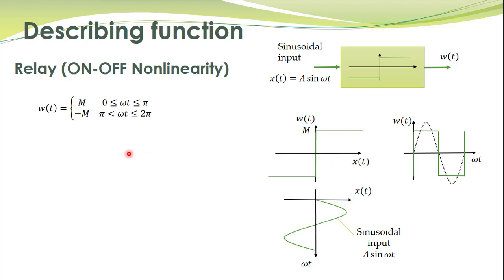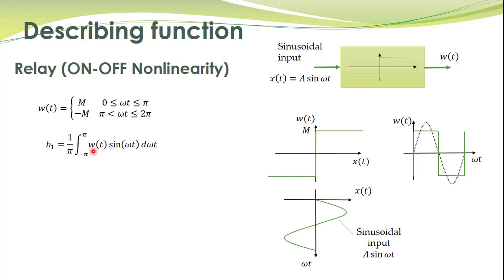A1 is 0 for odd functions, and we only need to determine b1 to find the describing function. b1 is given by this expression: 1 over pi integral from minus pi to pi of w of t times sine omega t d omega t. We need to integrate it from minus pi to pi.